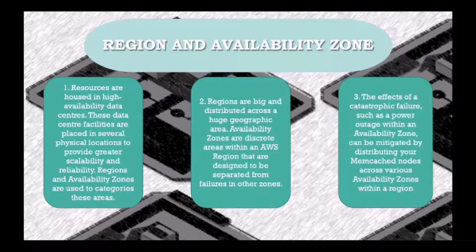Availability zones are discrete areas within an AWS region that are designed to be separate from failures in other zones. Number 3, the effects of a catastrophic failure, such as a power outage within an availability zone, can be mitigated by distributing your memcache nodes across various availability zones within a region.